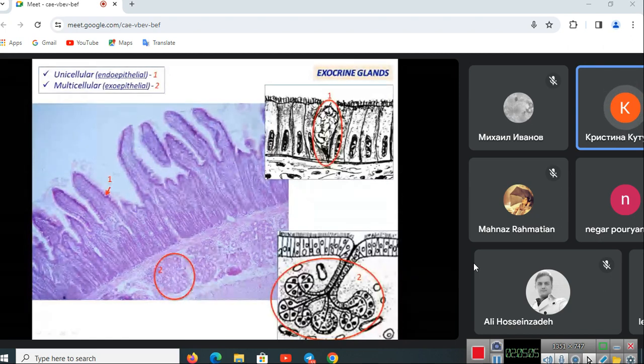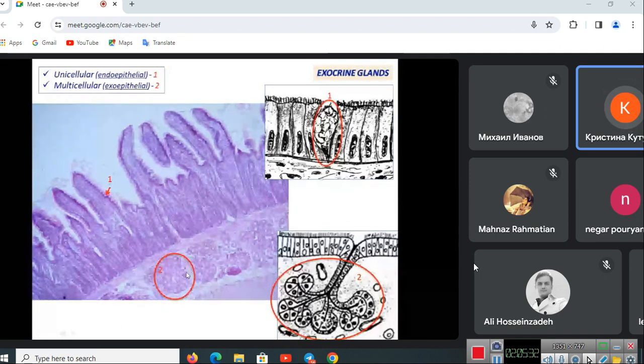And these glands here, we can see their structure. They are multicellular because they have many cells in their structures. They have the part which produces secrets, which is called the secretory portion, and the duct, the tube which leads to the surface of the epithelium, through which the secrets go out to the surface.